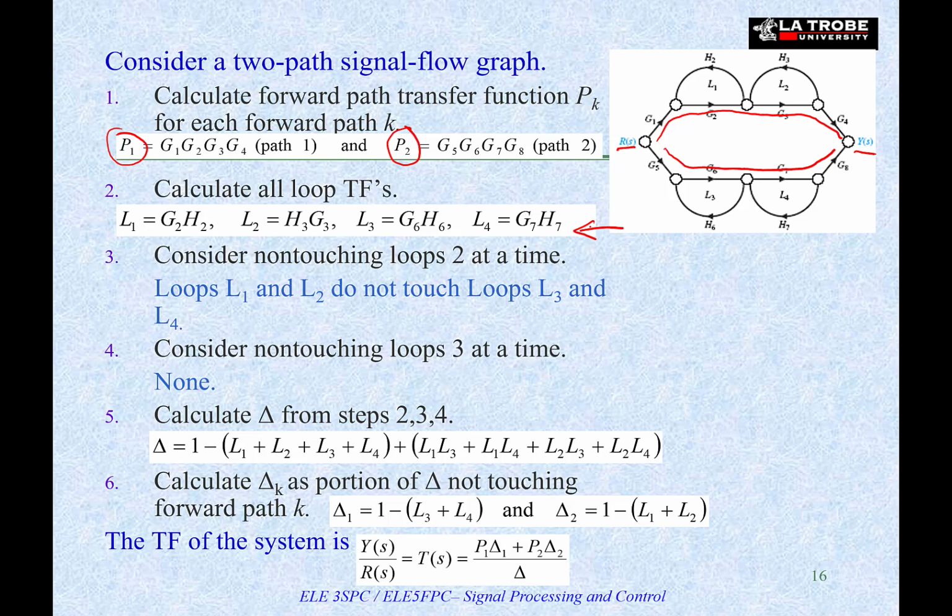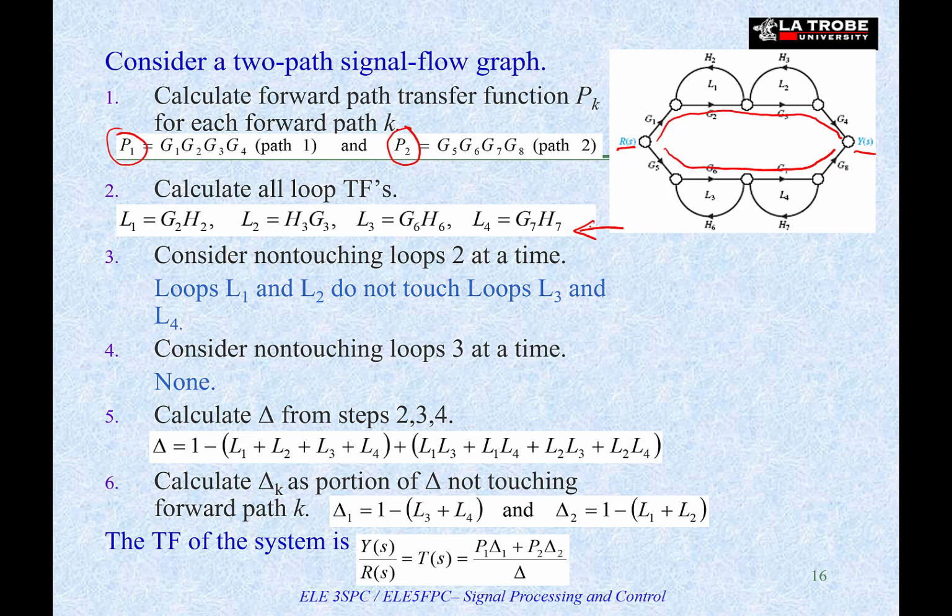With the information in steps 1, 2, 3, 4, you should be able to calculate delta. Delta is given by the formula which was shown in the previous slide. The first term in delta is always unity, 1. Then you have a minus sign to go after it.